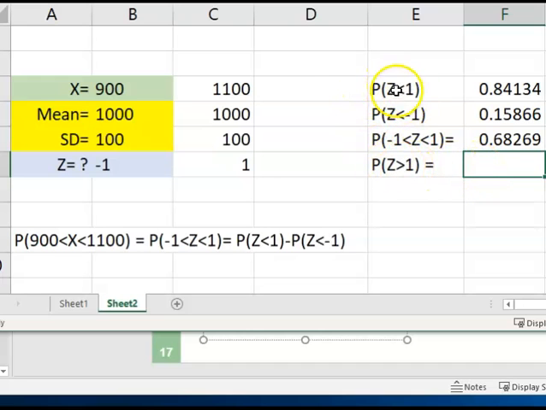Excel gives us less than 1. We already know for less than 1. The opposite, more than 1, will be 1 minus less than 1, and we already know what is the less than 1. So we just type equal to 1 minus whatever we calculated up here for less than 1. 1 minus less than 1 is more than 1, okay? So that's 0.15. And this is how you actually can make all those calculations.